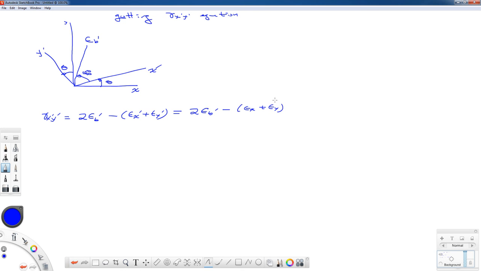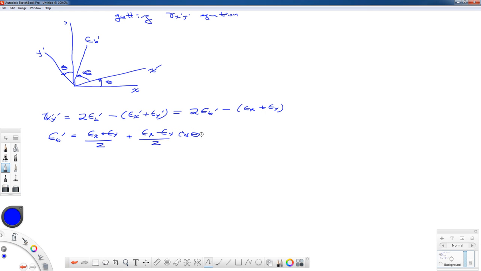If I want to find out what epsilon b prime is in terms of the strains in the x and y directions, I would use my strain transformation equation for the normal strains. So epsilon b prime would be equal to epsilon x plus epsilon y over 2, plus epsilon x minus epsilon y over 2 times cosine. Now, we're not going to theta, but we're going to theta plus 45 degrees.